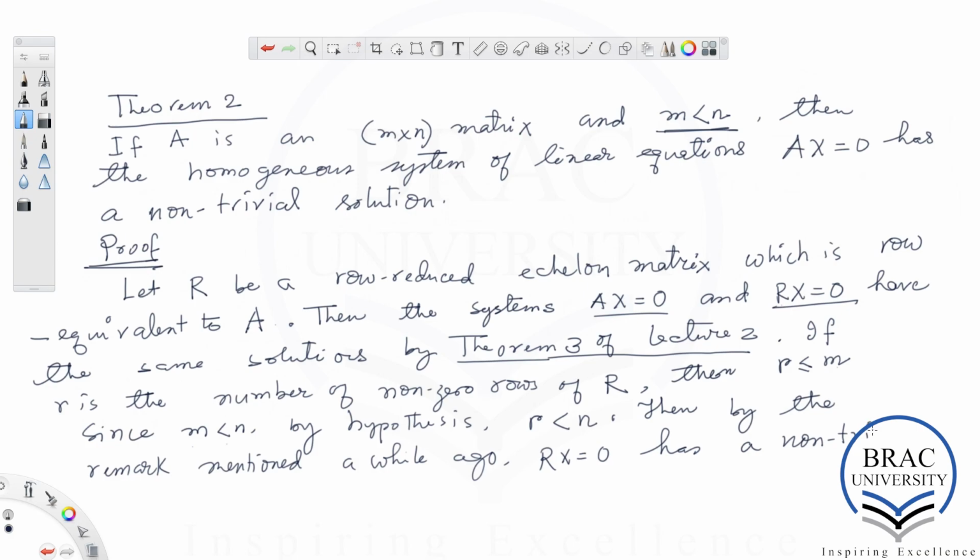In other words, it has at least a non-trivial solution.